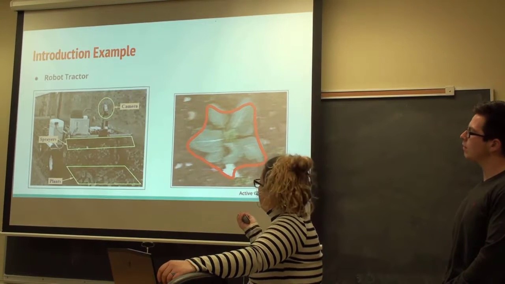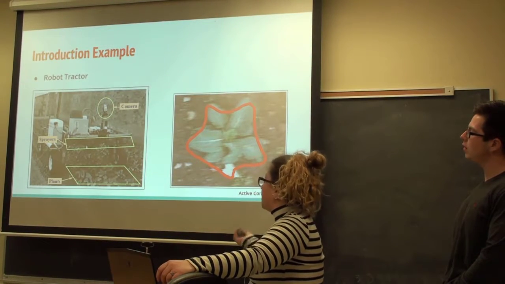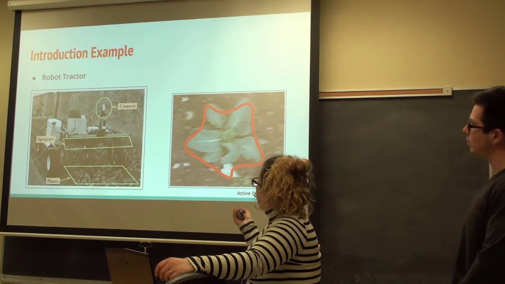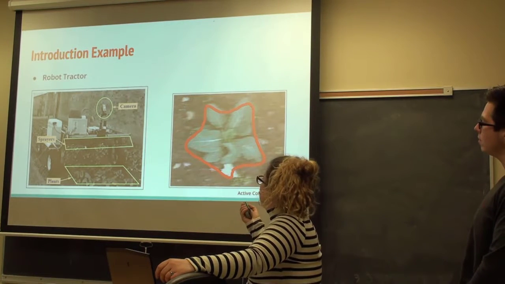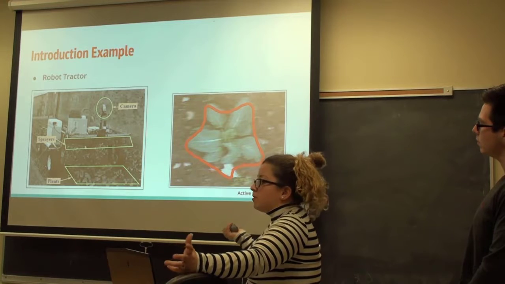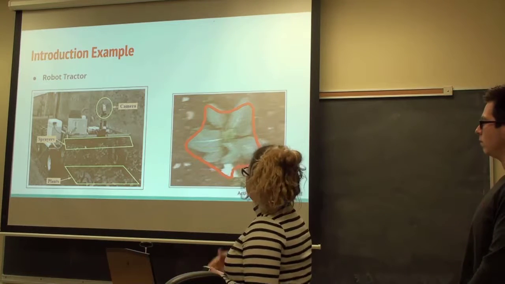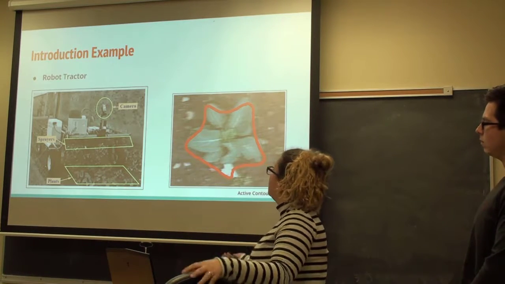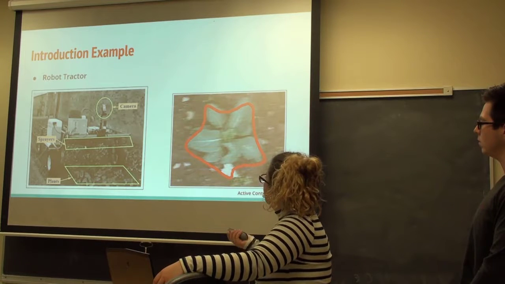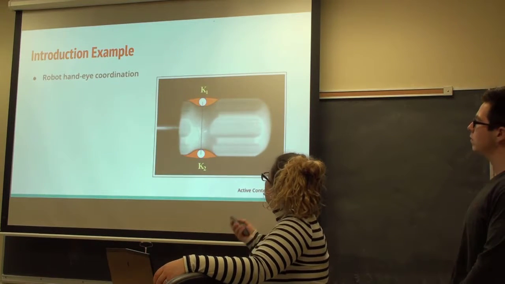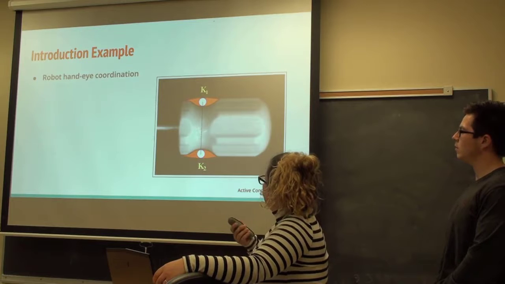So it's going to spray some stuff to kill the weeds, and then put some fertilizer on the plant and distinguish it from the soil. So this is another example of how we can use contours.